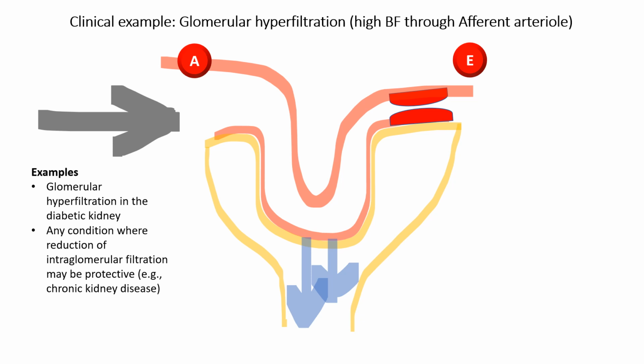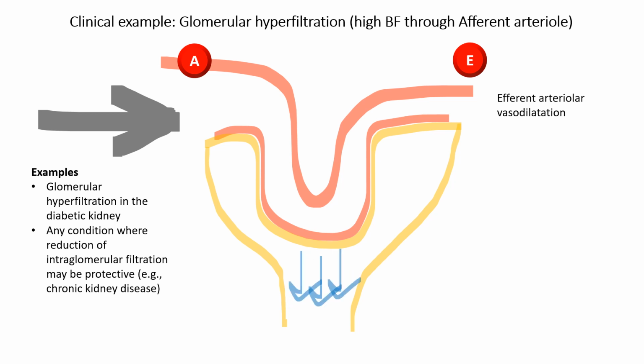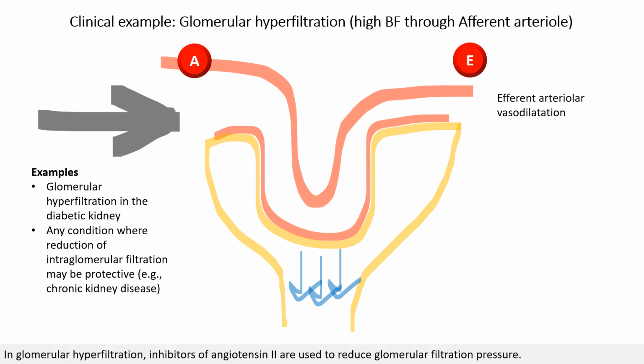Because of this, if we block angiotensin II, we can loosen up the efferent arteriolar vascular tone. This will reduce intraglomerular filtration pressure. In glomerular hyperfiltration, inhibitors of angiotensin II are used to reduce glomerular filtration pressure.